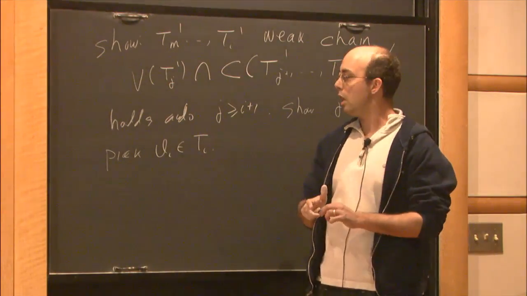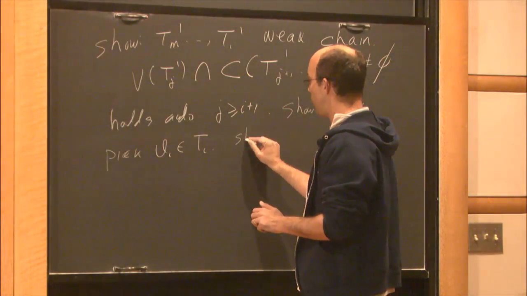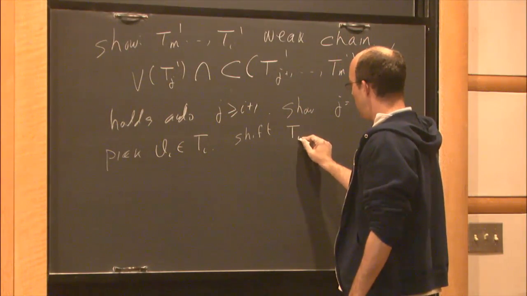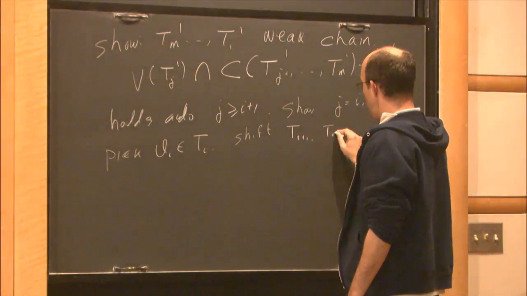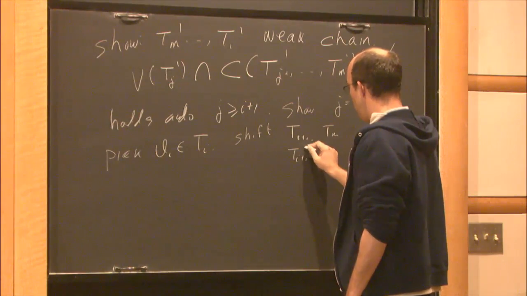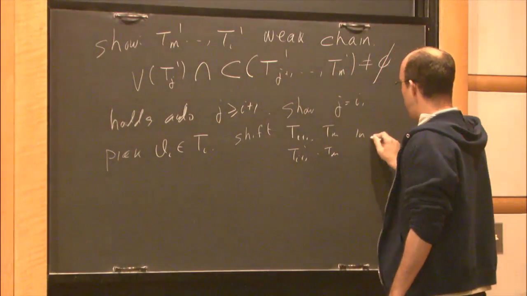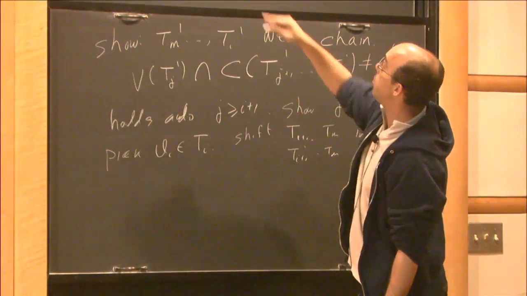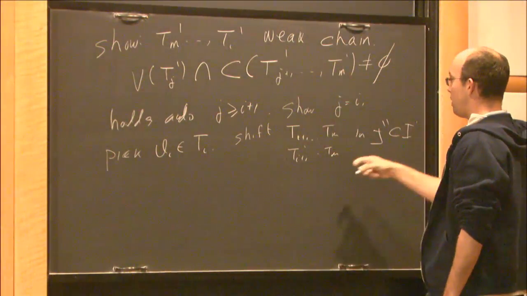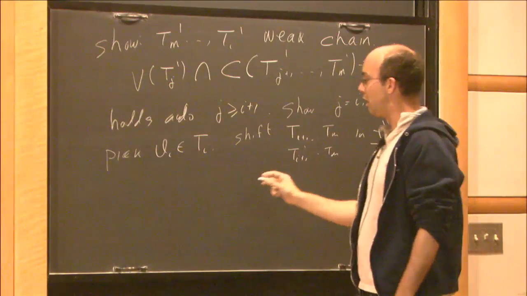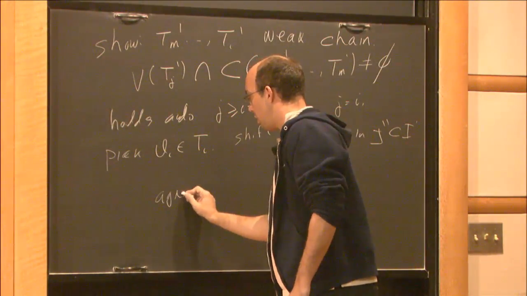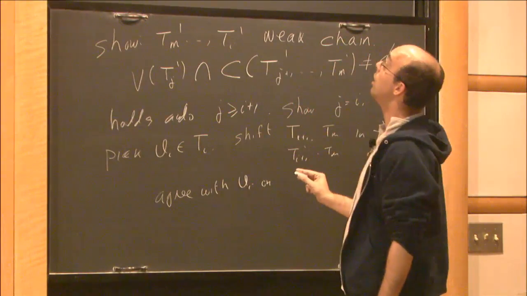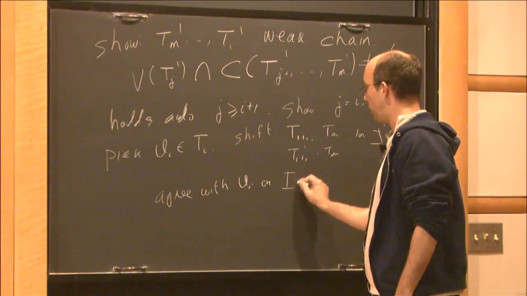And we're also going to shift everything, so Ti plus 1 up to Tm and Ti plus 1 prime up to Tm prime, in some direction, let's say j double prime inside this I prime, inside the directions where all of these are invariant, so that they agree with Vi on I prime.